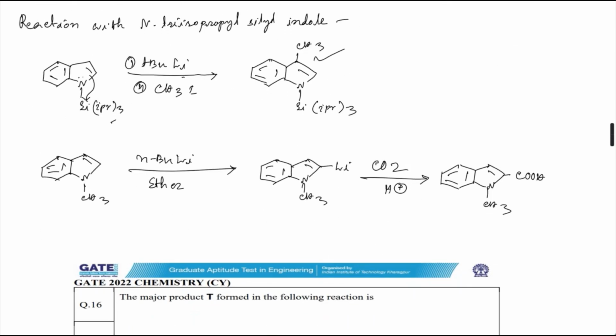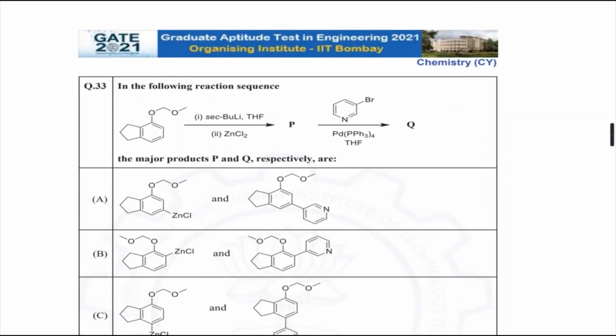Another thing, if this triisopropylsilyl group is replaced by a methyl group, then the directed ortho effect is observed, which came in GATE-2022, where this substrate is treated with secondary butyl lithium, then ZnCl2. As this has a heteroatom with a lone pair of electrons, here DOM will operate, and the lithium substituted product will be formed.